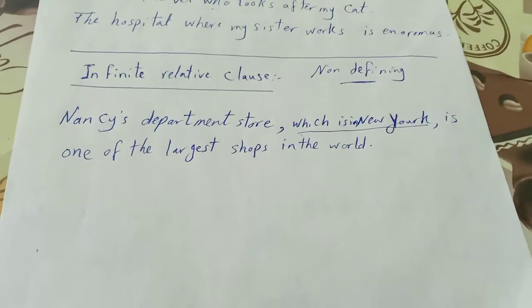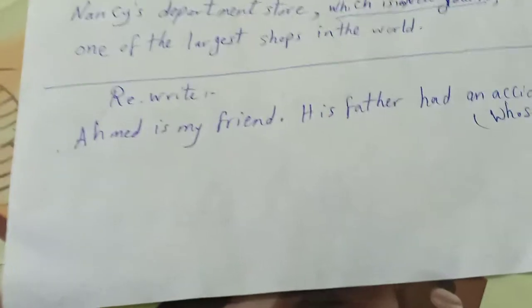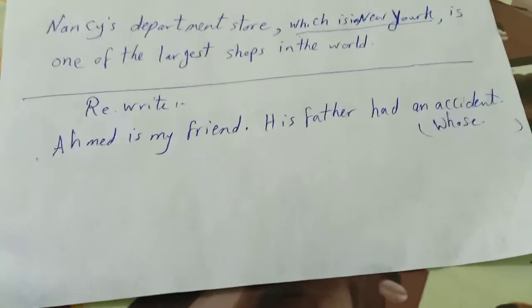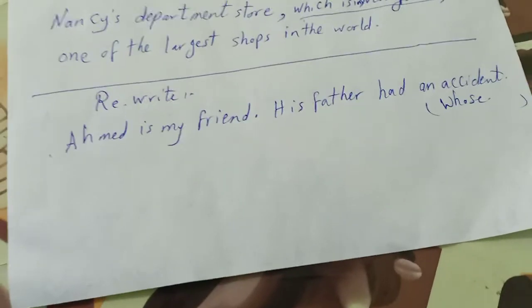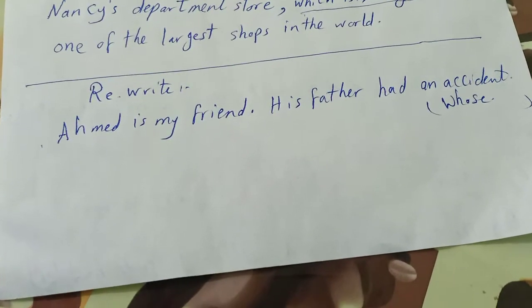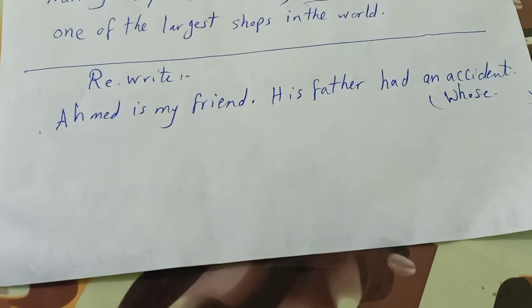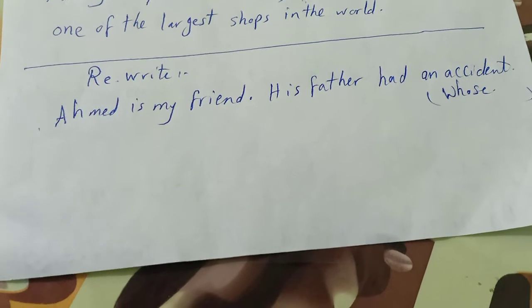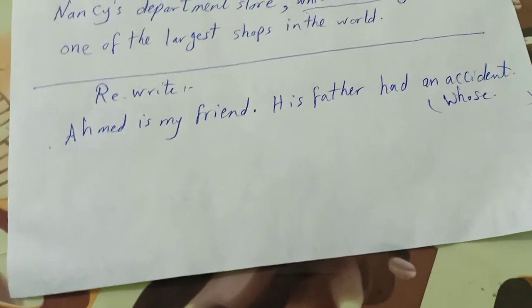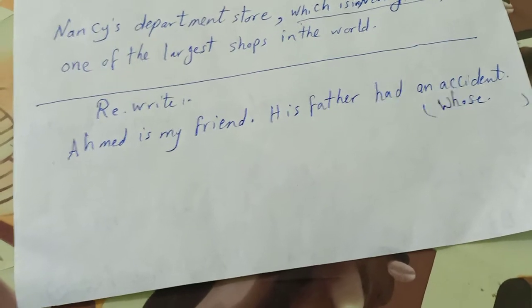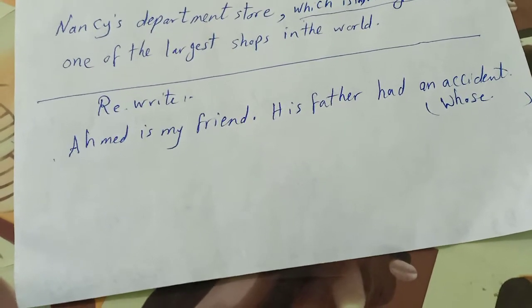Okay, let's have another example. Here is a sentence. Can we work it out? Ahmed is my friend. His father had an accident. Use whose. I can check your answers.